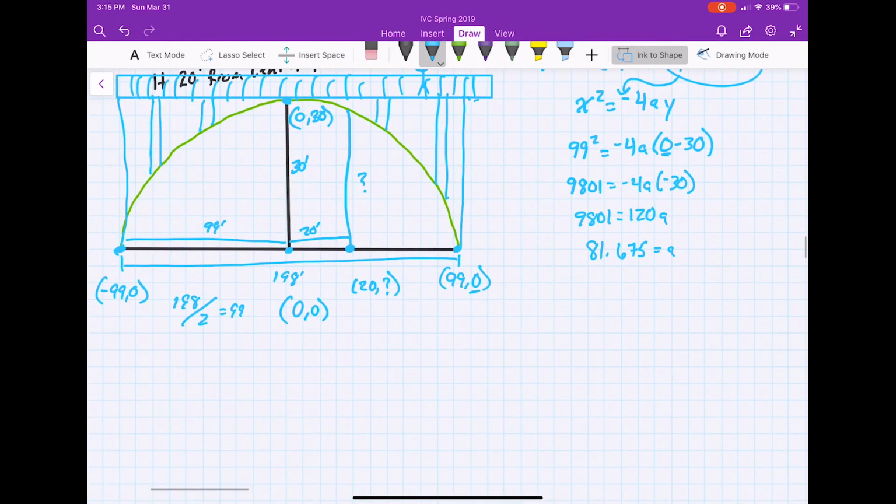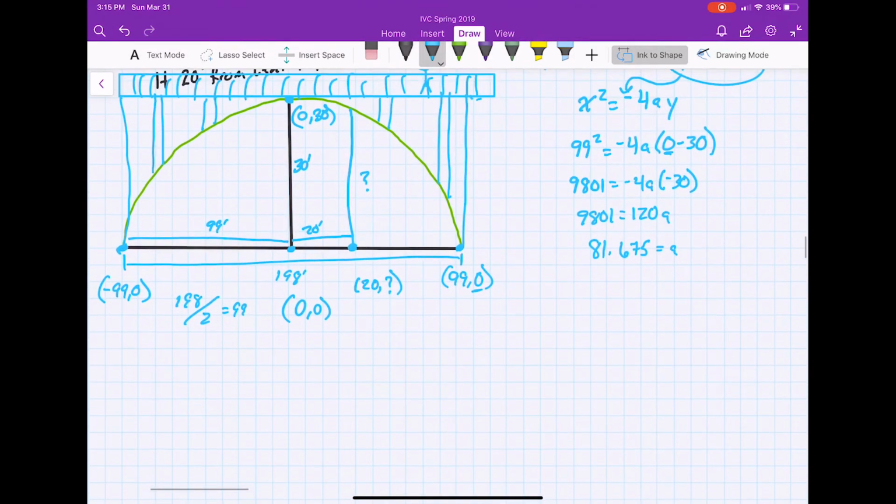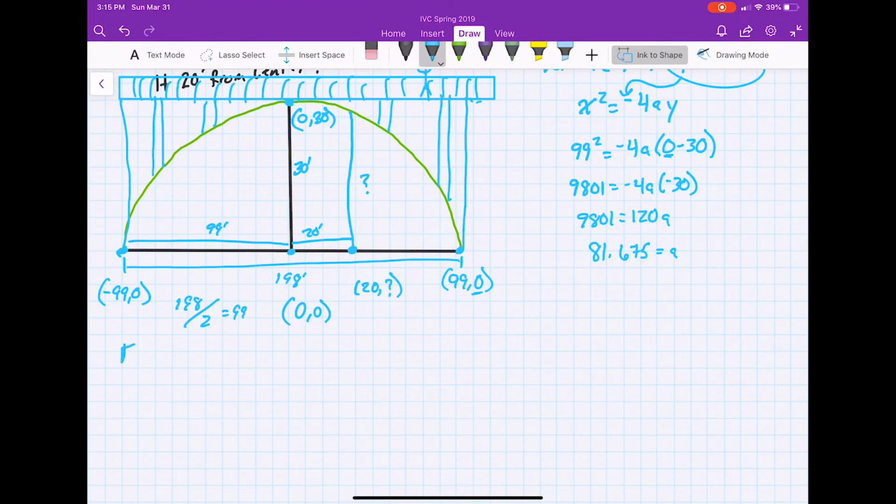Now we need to find what our y value is when x is 20. We know what happens when x is 99. It's 81.675. But we don't know what it is when x is 20. So we'll plug all this stuff back in. We'll make our x value 20.